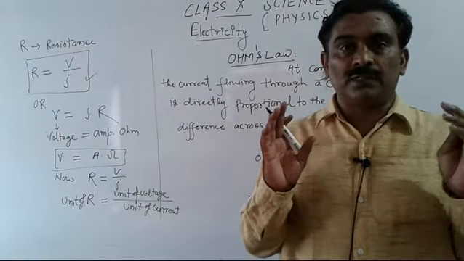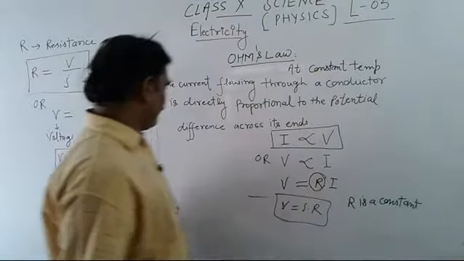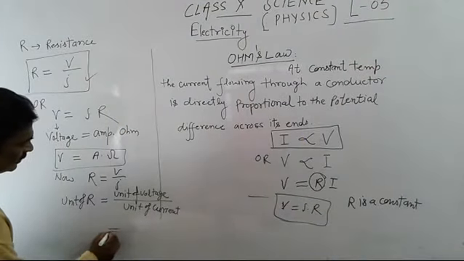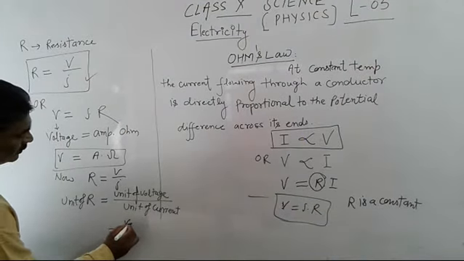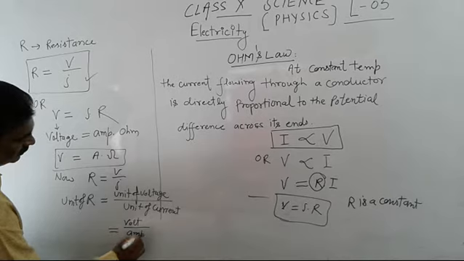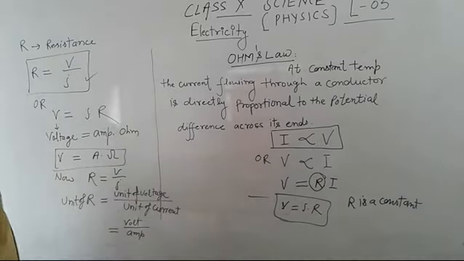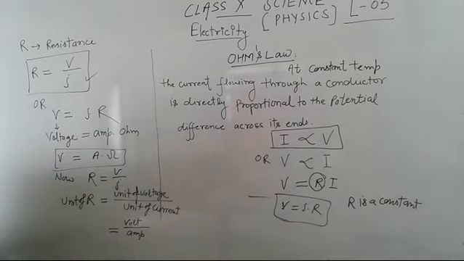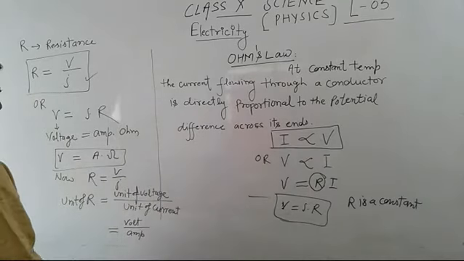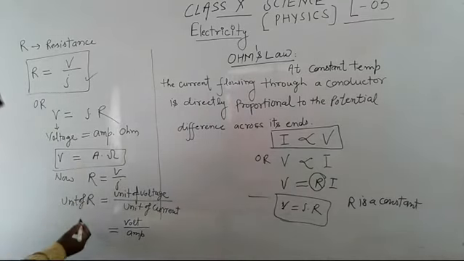Voltage and potential difference are both the same. So here we can write volt upon ampere. So the unit of resistance is volt upon ampere, and this unit is called ohm.